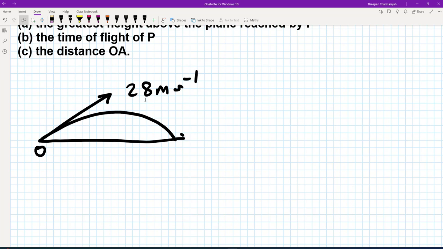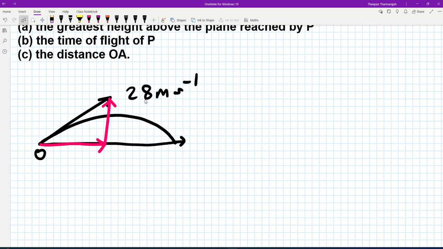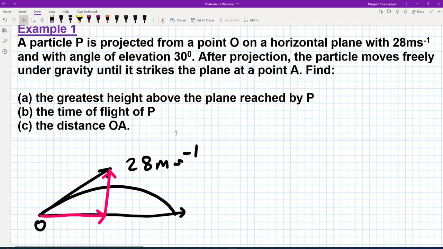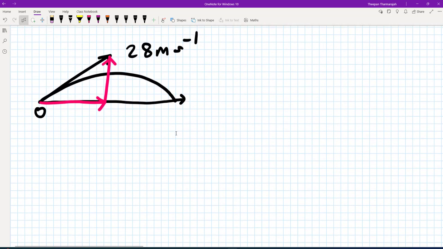And we can also split the components here, so horizontally and vertically. So now we need the angle. And they tell us it's 30 degrees. So let's draw that in.